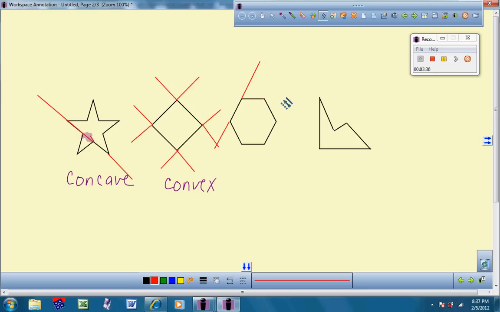I'm not going to do every single one, but we can get the idea that this would also be convex. And my last polygon, we'll extend this side right here, and you see that we do have a portion of that extension that is inside the polygon, therefore it's considered to be concave.